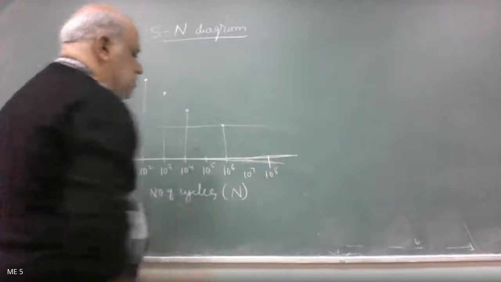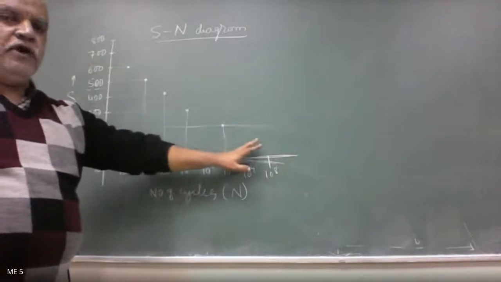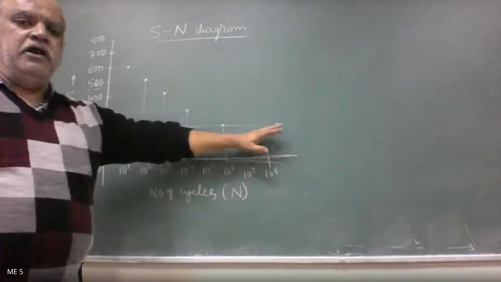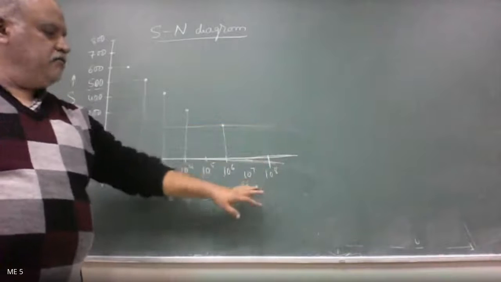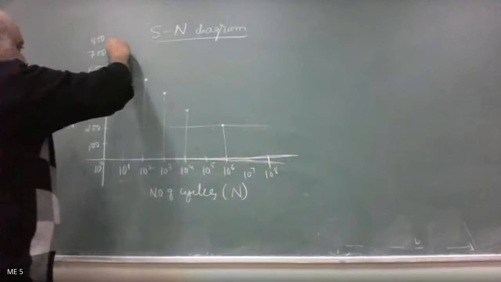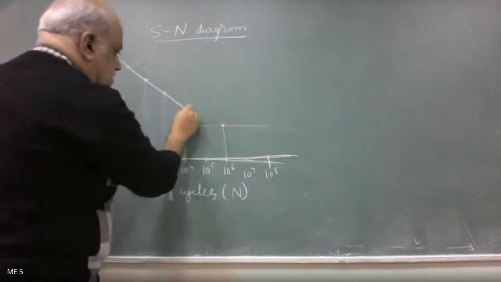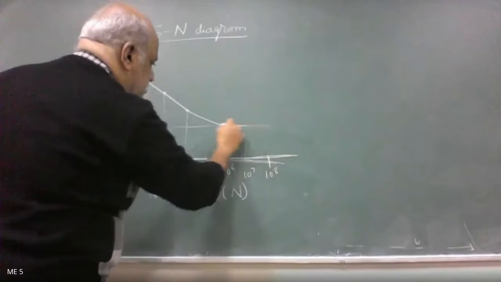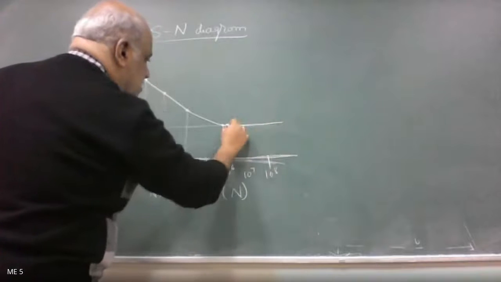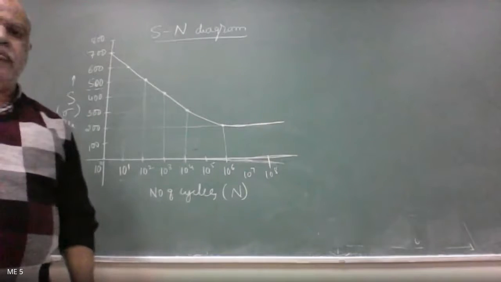It keeps running on and on for 10 power 7 or 10 power 8 cycles. So I join these points, and at one point it will become a straight line parallel to the x-axis. Is that okay?